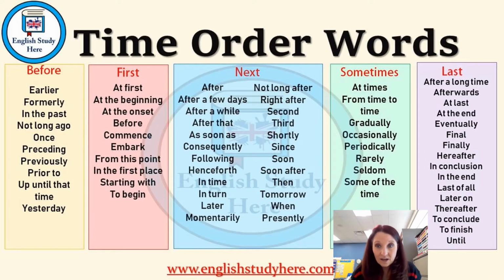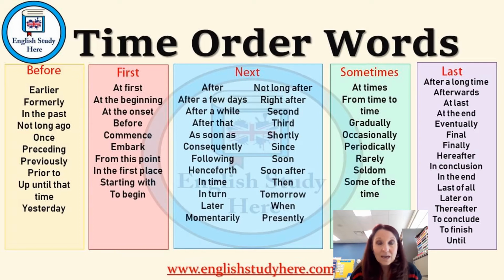Another group of words that authors use in text to show that events are happening in a certain order are time order words. This chart shows you that there are words that show that something happened before an event, and words that show events that happen first, events that happen next.